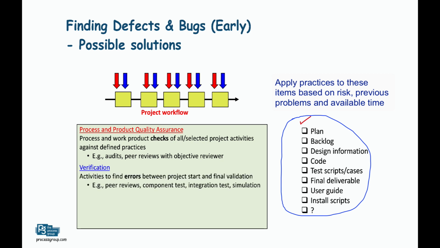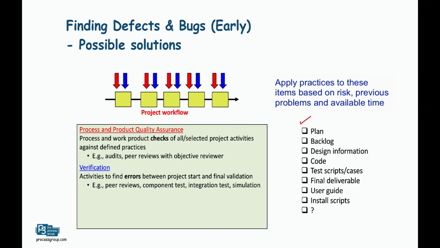Verification is the second category of activities we can add to find errors between the project start and the final validation. The blue arrows represent the verification activities such as peer reviews, component testing, integration testing, and simulation. These are practices to find defects in the work products early on. Again, peer reviews can be applied to all work products, such as the backlog, design information, code, and test cases.